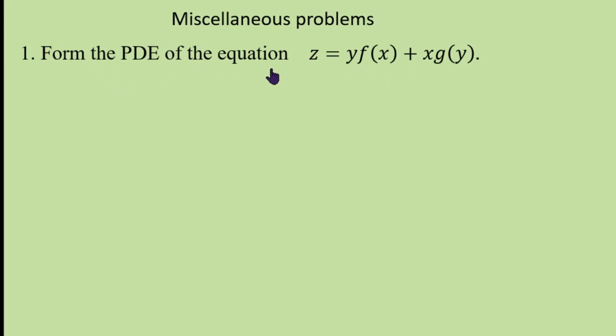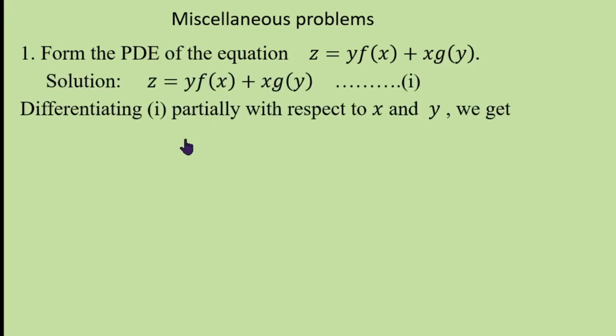Form the PDE of the equation z equal to y into f of x plus x into g of y. Here two arbitrary functions are there, therefore second order PDE is required. First differentiate partially with respect to x.